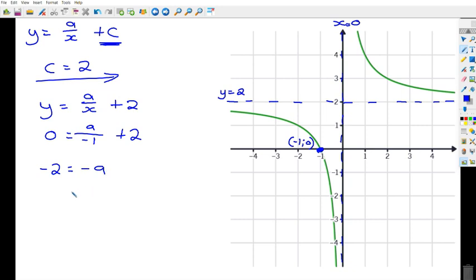To find a by itself, I need to divide by negative 1, so a is equal to 2. So what is my equation for this hyperbola? Y is equal to 2 over x plus 2. My c value was 2, my a value was 2. And that is my equation for that hyperbola. Nice and easy.